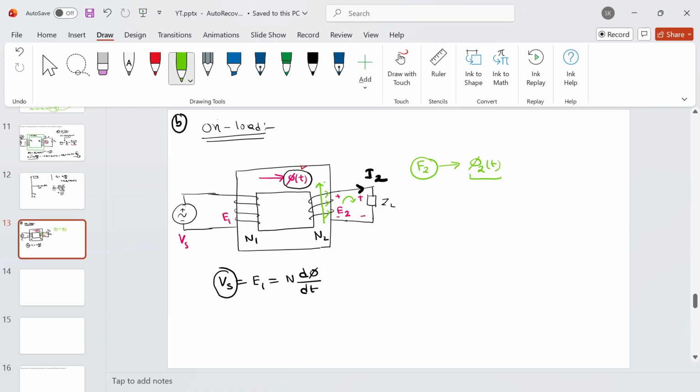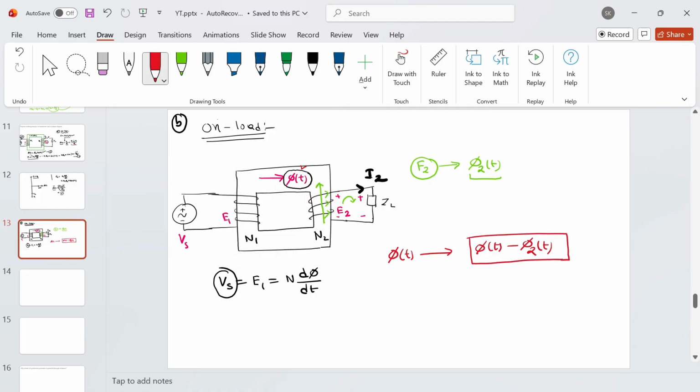So these two, phi of t and phi 2 of t, will oppose each other, and the main core flux will reduce from phi of t to phi of t minus phi 2 of t. So this is how your core flux will reduce.